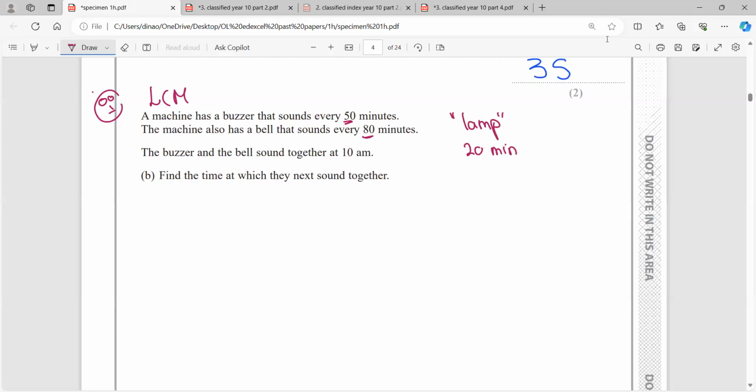I'm just giving you a smaller scale question. And the bell gives a sound every 30 minutes. So I have a lamp and a bell. The lamp lights every 20 minutes and the bell makes a sound every 30 minutes.